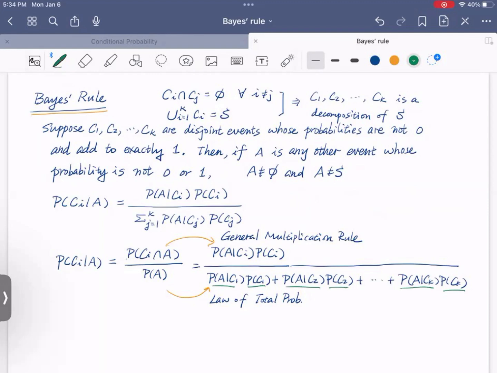Originally, Ci's are conditions, and A is the event of interest. So we have a bunch of conditional probabilities like this, and also the marginal probabilities. Given this piecewise information, we want to know, given A already occurs, what is the probability that some condition Ci occurs? So we essentially reverse the roles of condition and event of interest. This is the beauty of Bayes' rule.